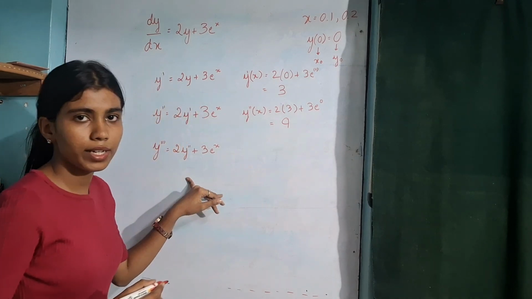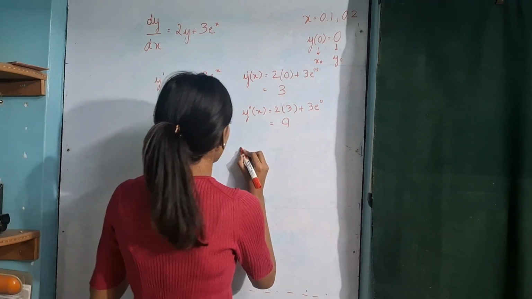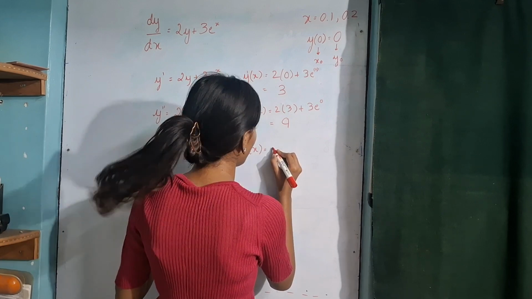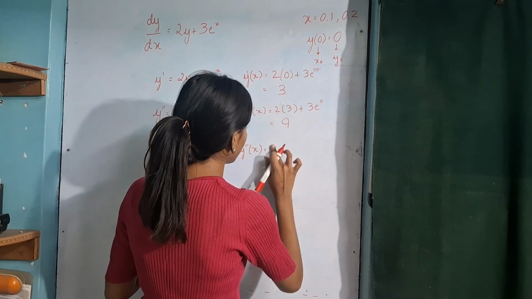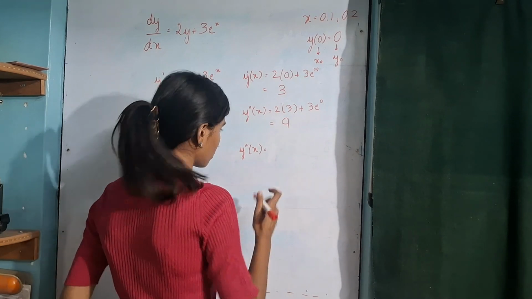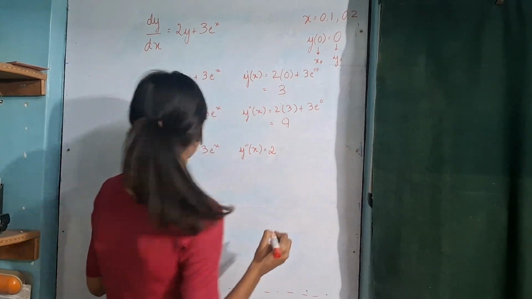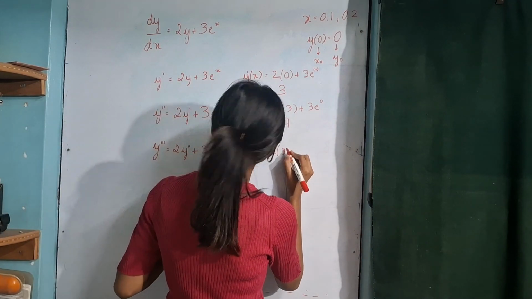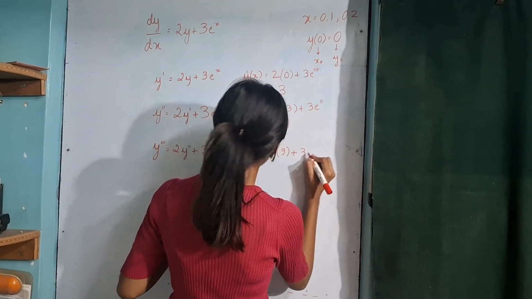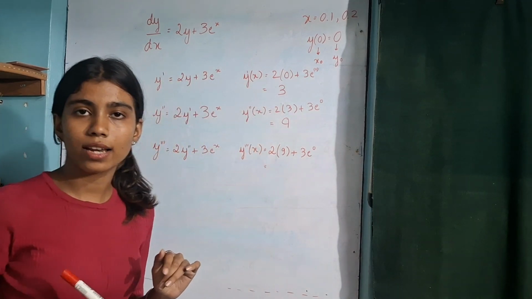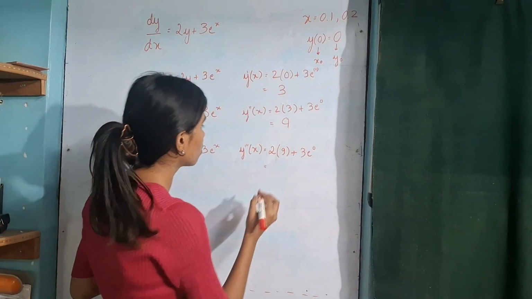Now that you have differentiated, we will put the values. y triple dash of x is equal to 2, y double dash value is nothing but 9, plus 3 e raised to 0. So if you put this into calculator, your value will be 21.